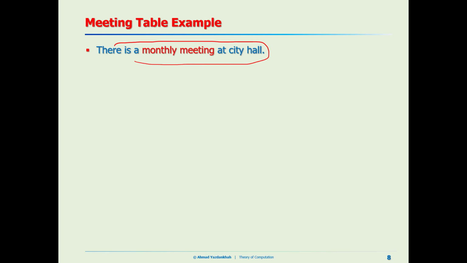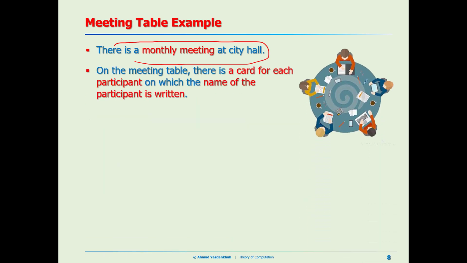Okay, so this is another example, the meeting table example. What is that? Let's say we have a monthly meeting in City Hall, right? And let's say that we have such a table, and there is a card here for every person who needs to participate in this meeting.